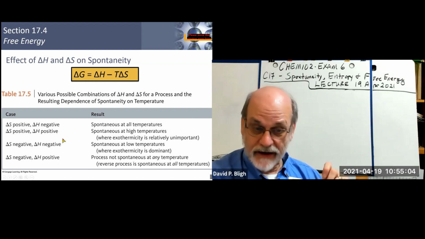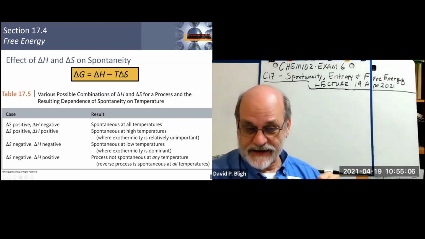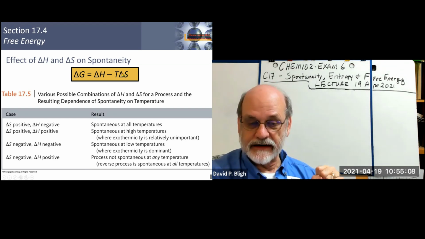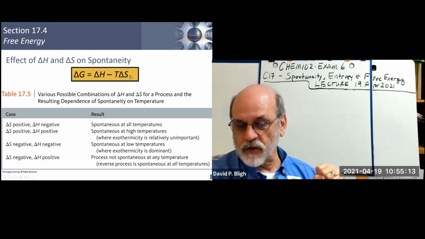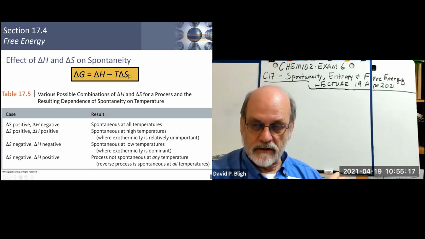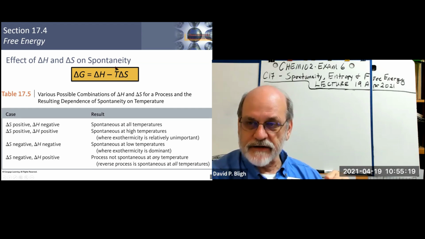If, on the other hand, delta S is negative and delta H is negative, then this term is going to be positive. So you want low temperature so that this positive is very small and the delta H is still negative, which gives you a negative delta G and a spontaneous reaction. So under those conditions, it's only spontaneous at low temperature, where exothermic reactions are dominant.